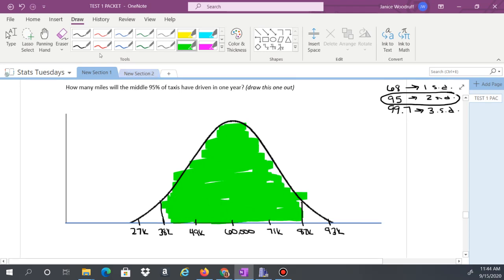Looks like it. All right, so we're going to say how many miles will the middle 95% of taxis have driven in 1 year? Between 38,000 and 82,000. That's a lot of miles.